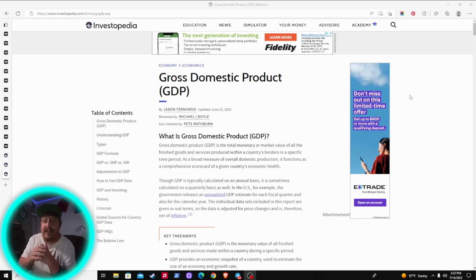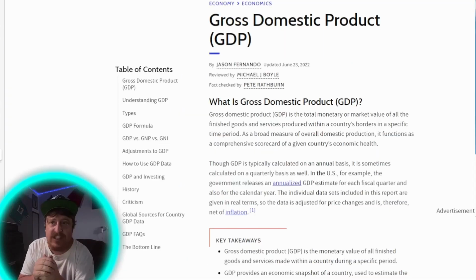And heck, why not? Let's just read the definition of GDP in case that's something else you're unaware of. It stands for gross domestic product. Gross domestic product, GDP, is the total monetary or market value of all the finished goods and services produced within a country's borders in a specific time period. As a broad measure of overall domestic production, it functions as a comprehensive scorecard of a given country's economic health.